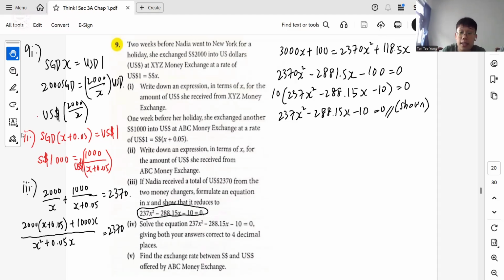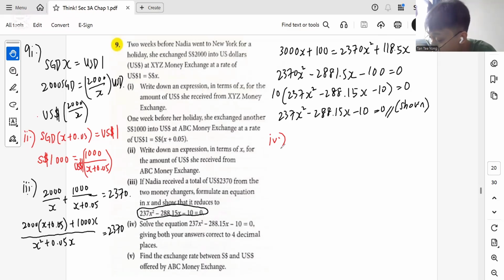All right. Okay, next one, part 4. So what do they want? Solve, then give our answers correct to 4 decimal places. Okay, so this one confirm is quadratic formula. So when I do quadratic formula, give me a while.